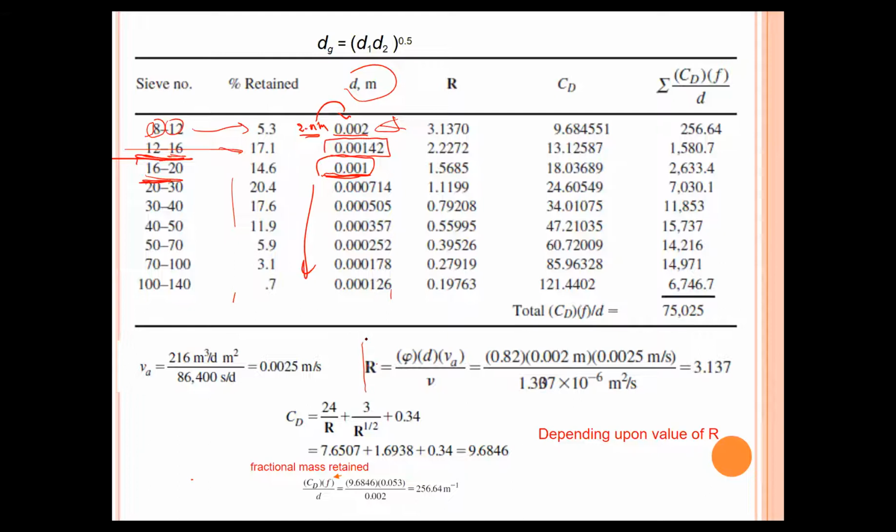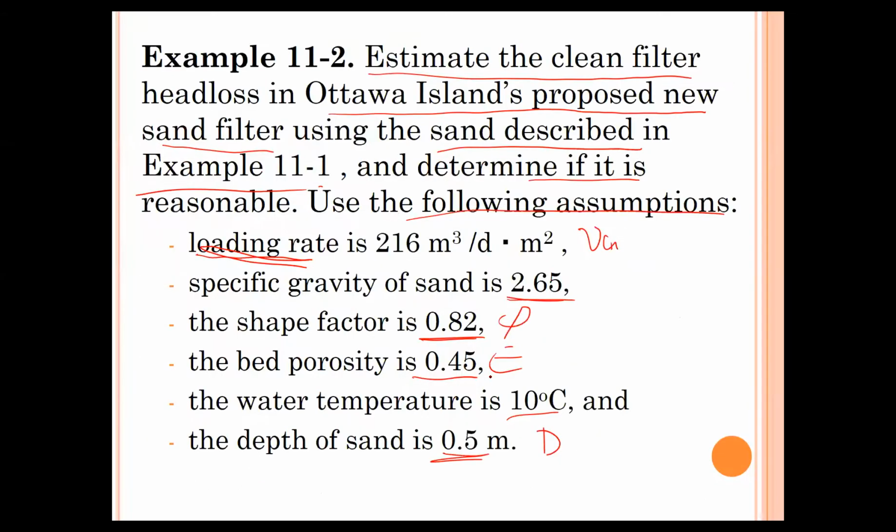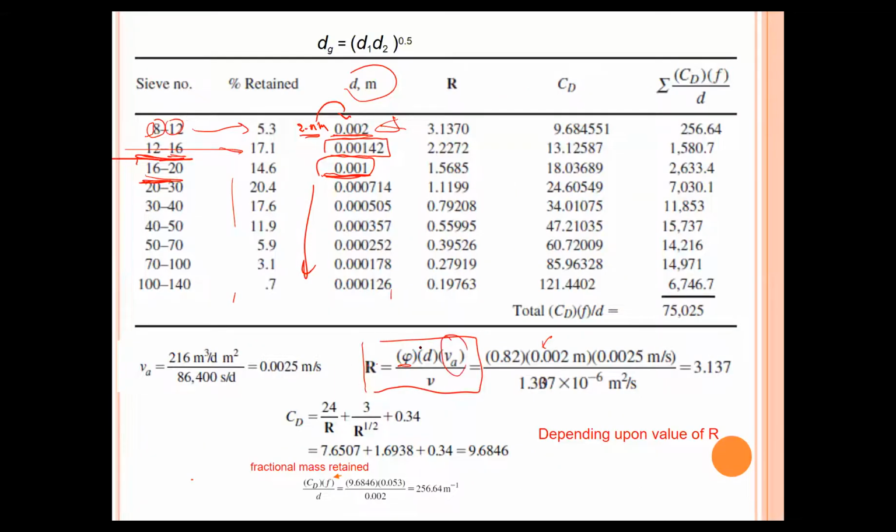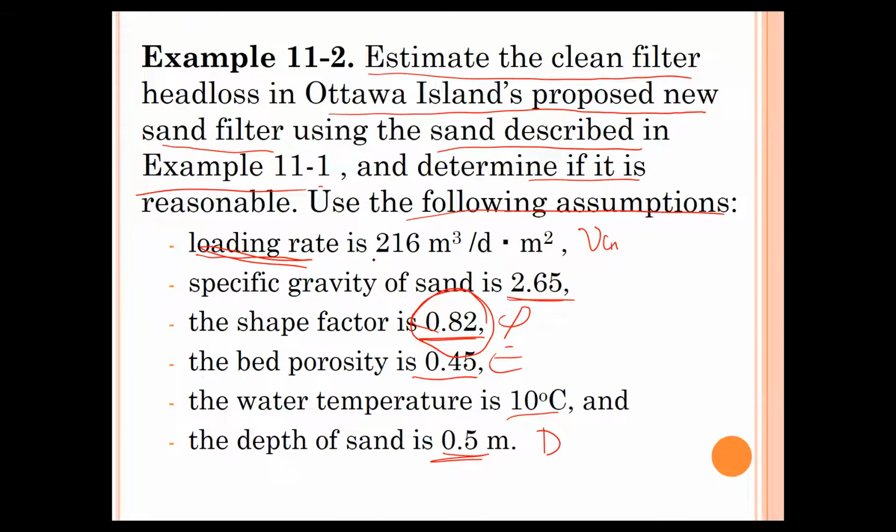For the Reynolds number, we can use this formula. So let's start with this particle, this diameter. We have this diameter here. The shape factor is already given, which is this one, 0.82, and the filtration rate is also given, which is here. Now you have to consider the filtration rate given is 216 meter cube per day meter square.